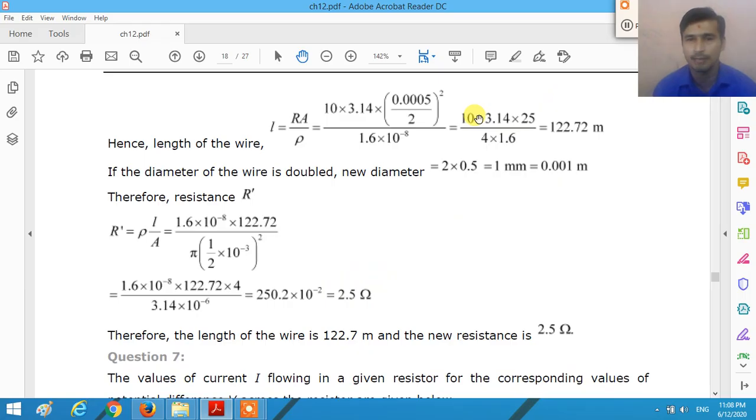When the diameter of the wire is doubled, the resistance becomes one fourth of the initial resistance, because the resistance of the conductor is inversely proportional to the square of the diameter. So dividing 122.7 by 4, we get the value 2.5 ohm, right?